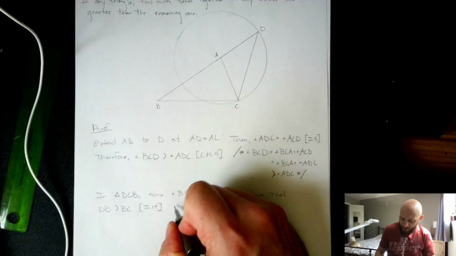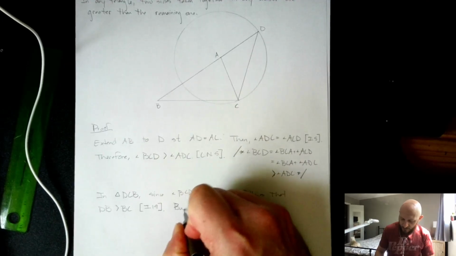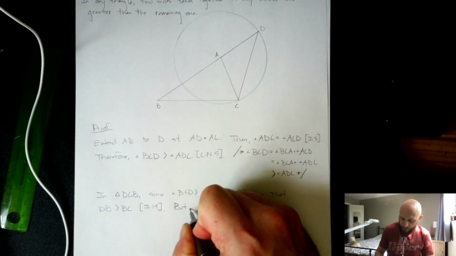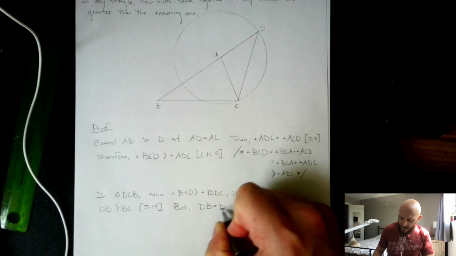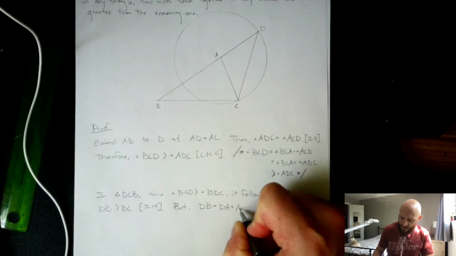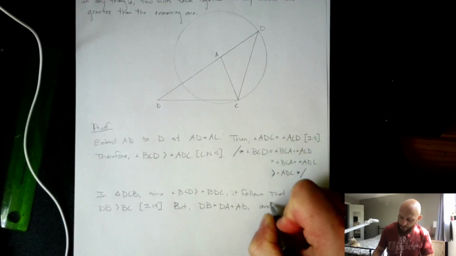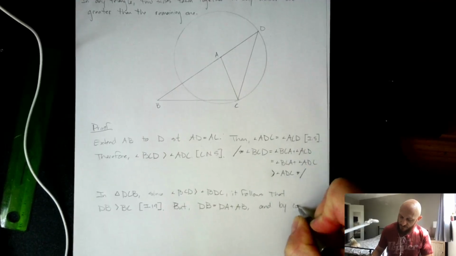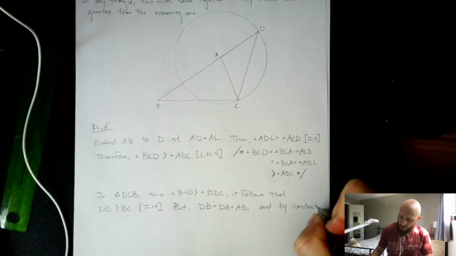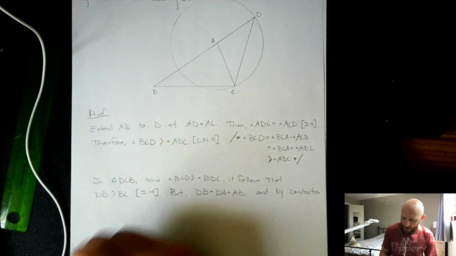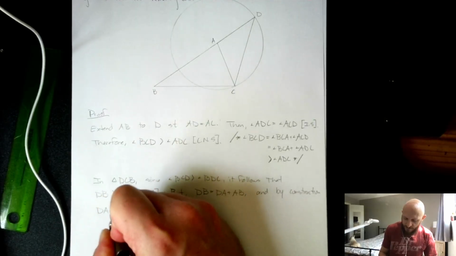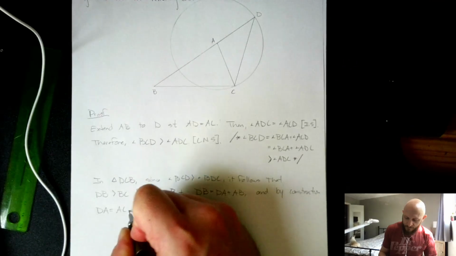So I might say, DB is equal to DA plus AB, and by construction, DA is equal to AC.